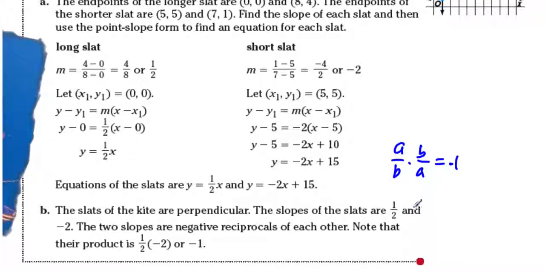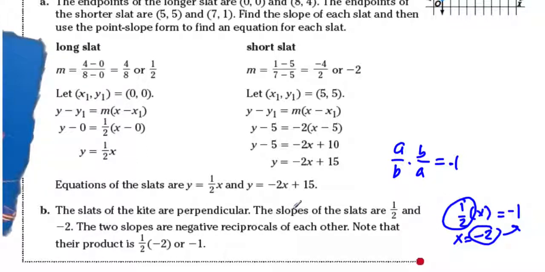If you have 1/2, what will you multiply 1/2 with to give you the value of -1? In this case, the value would be -2. So therefore, -2 and 1/2 are called negative reciprocals of each other.